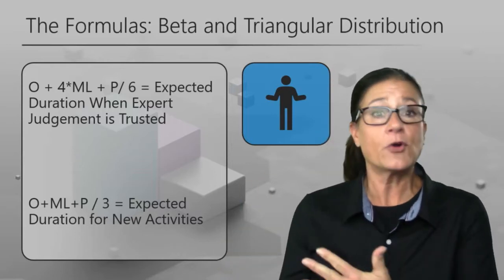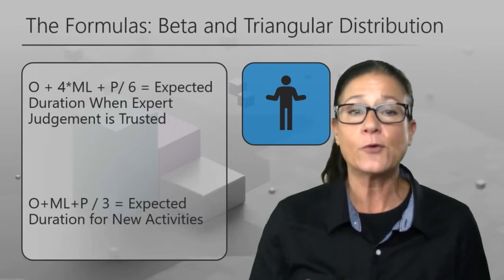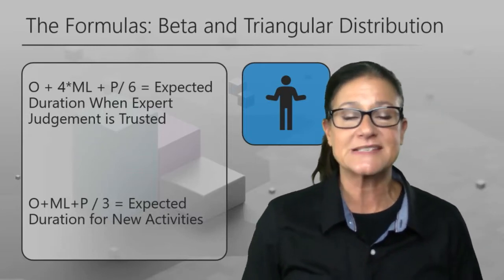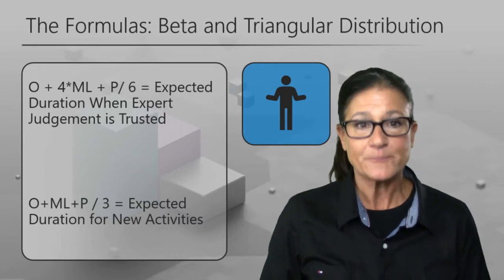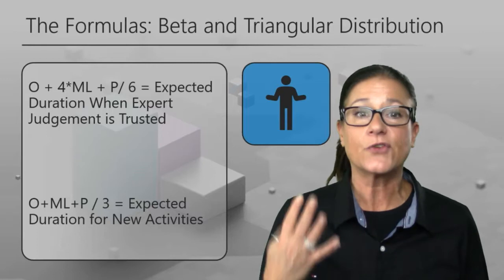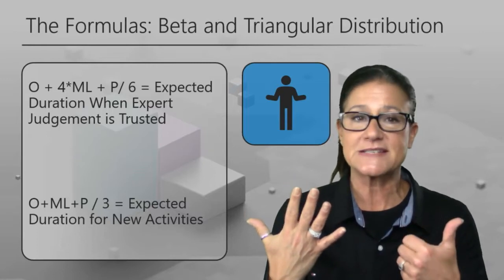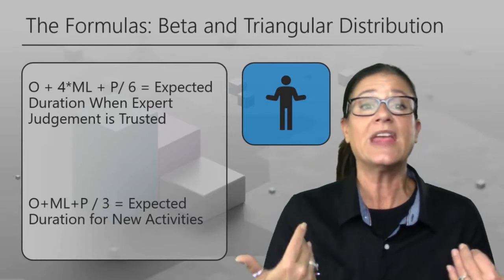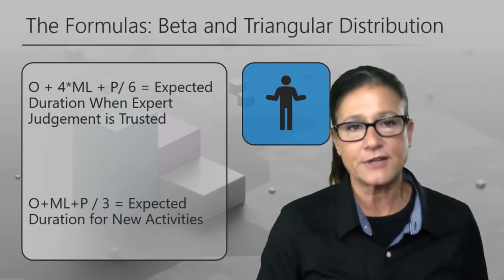And so the formula is optimistic plus 4 times the most likely plus pessimistic divided by 6. Why 6? It's a weighted average duration. There are 4 most likelies, 1 optimistic and 1 pessimistic. So in essence, when we trust expert judgment, we weight it more heavily.